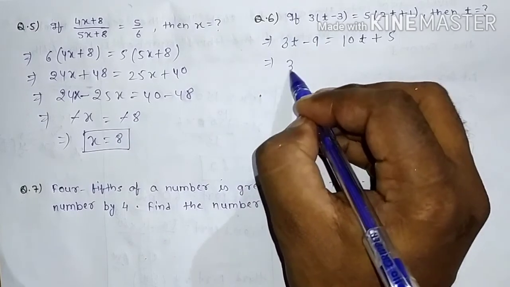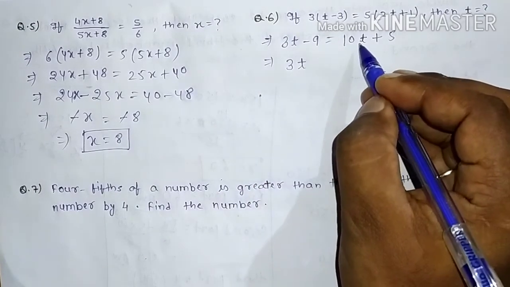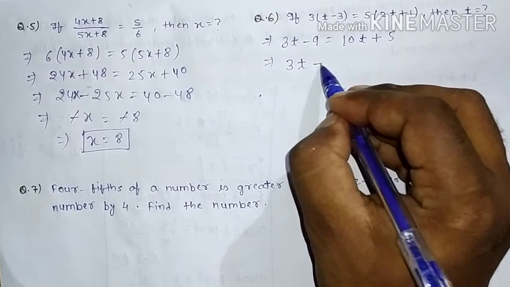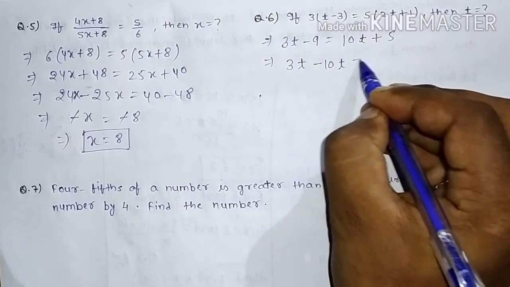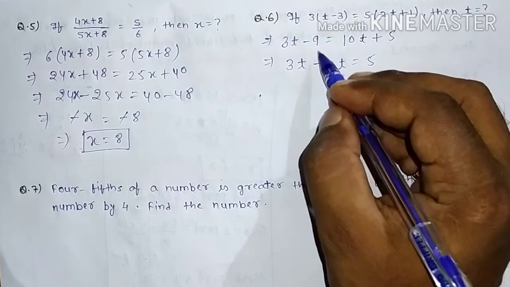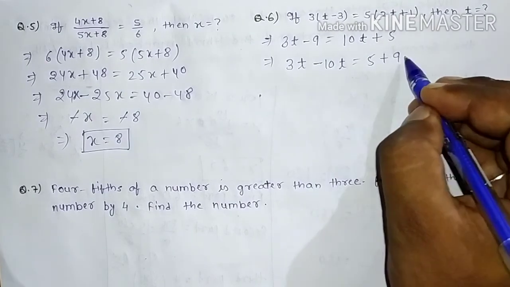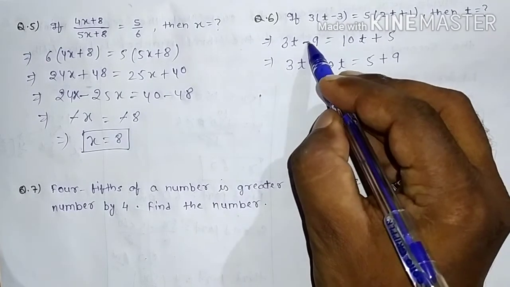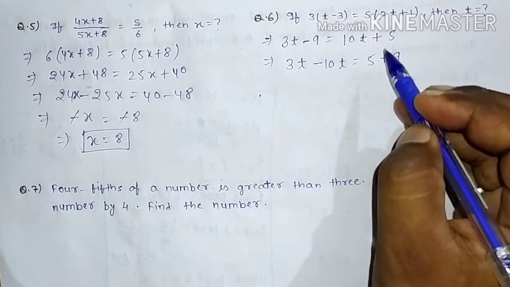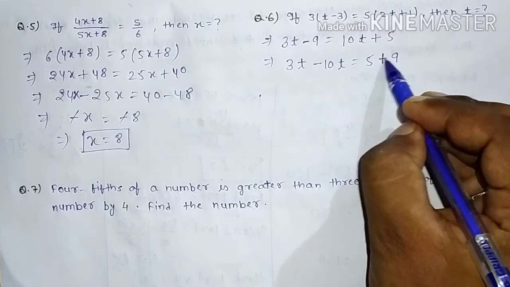Now 10t comes to the LHS side, so it becomes minus 10t equals 5, and minus 9 goes to the RHS side, so it becomes plus 9.